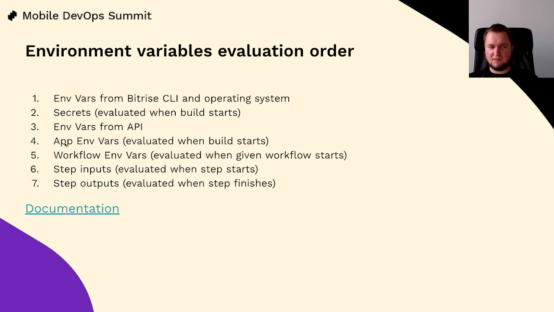For example, you can have one default application-wide Slack channel and define the channel ID in an application environment variable, but for one particular workflow, you can override the value of this environment variable by setting a variable with the same name inside the workflow-specific environment variables. So it will override this. Pretty useful in some cases.